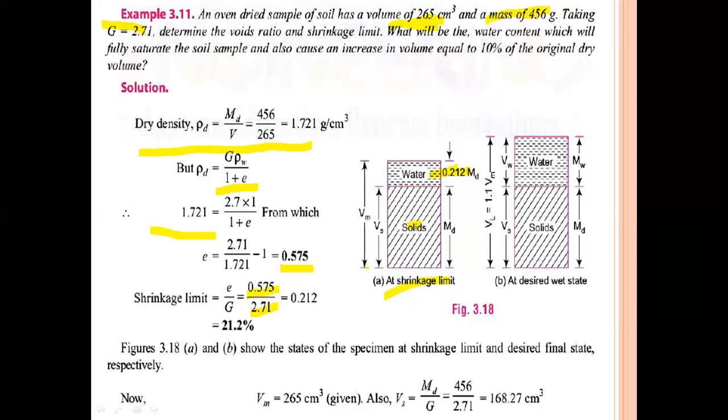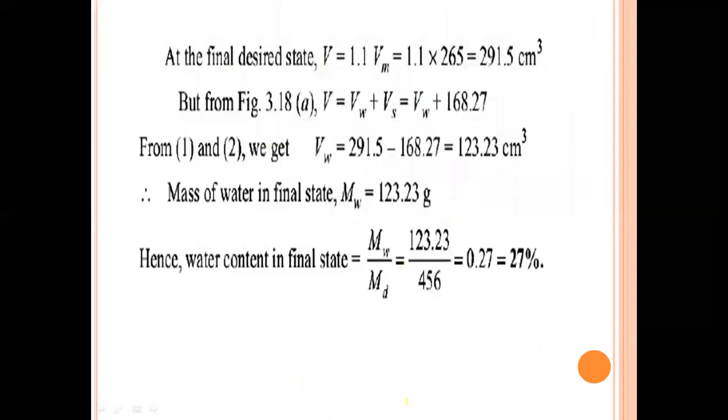In these figures, the state of the specimen is shown at the shrinkage limit and at the desired wet state, the final state. Vm equals the volume of mass, 265 cubic centimeters, given in the problem. Also Vs equals md by G, the total mass 456 divided by the specific gravity 2.71, which equals 168.27 cubic centimeters.